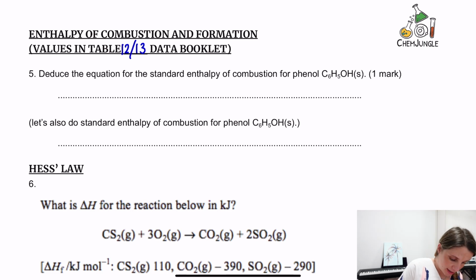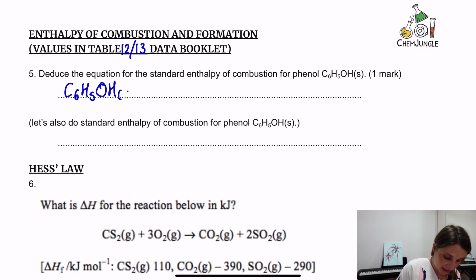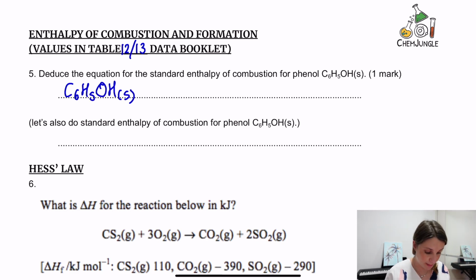So what we're going to do is make sure that my C6H5OH is on the left-hand side of this equation. And it's the enthalpy change when 1 mole of this fuel burns. So I need to make sure that this number here stays as a 1 in front. When I balance it, I'm not allowed to change that 1, it has to be a 1.